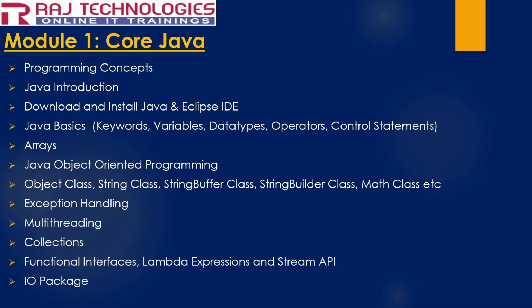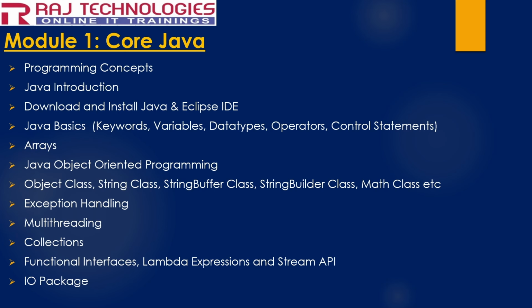Once we complete this download and install and how to develop applications, we move to the next one, Java Basics, where we learn the basic concepts of Java programming, like the meaning of keywords, variables, data types, operators. We go with control statements like if statement, switch statement, while loop, do while loop, for loop, like that. And we do more programming in this Java Basics.